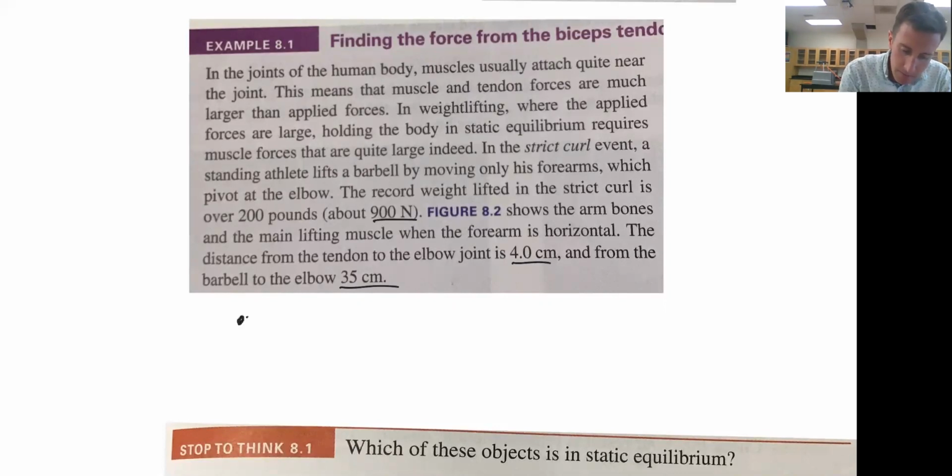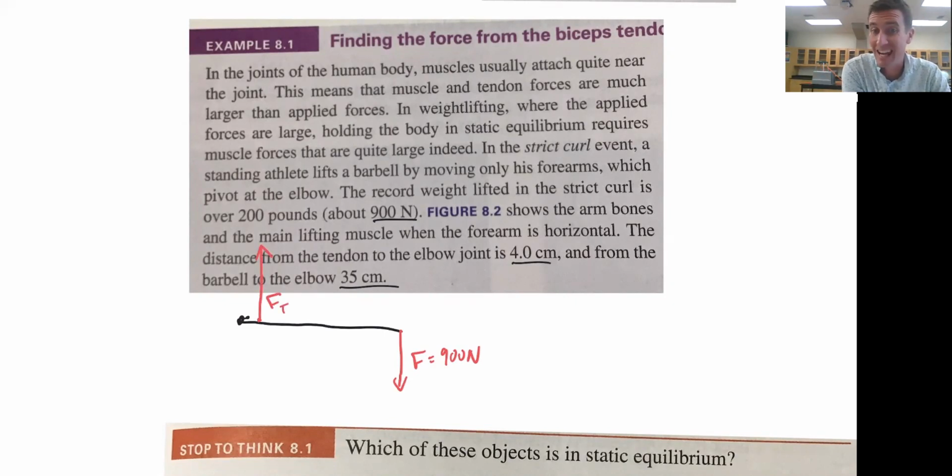Let's see. So here is a diagram. On the outside edge, I have a force down of 900 newtons. And then right here, pushing up, I have the force of the tendon, which is like a tension force, but I'm going to call it the force of the tendon going up, and that's what I'm trying to solve for.